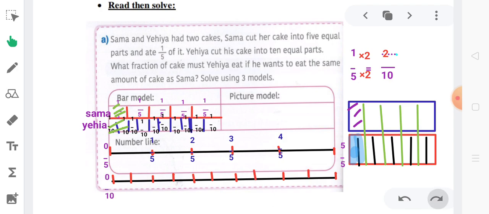And make the benchmarks 0 over 10 and 10 over 10. Then this is 1/10, 2/10, 3/10, 4/10, 5/10, 6/10, 7/10, 8/10, 9/10. Remember, I need the fraction equivalent to 1/5. Just below it, it's 2/10. Yes, it's equivalent to 1/5.